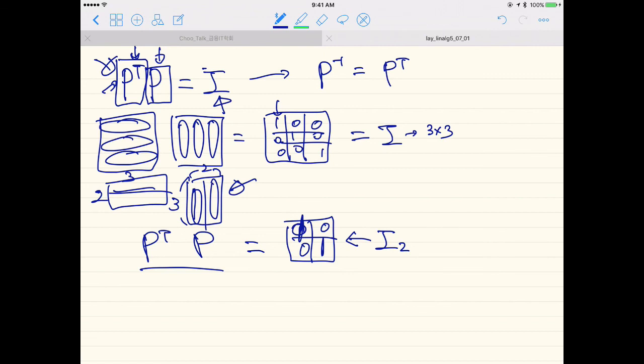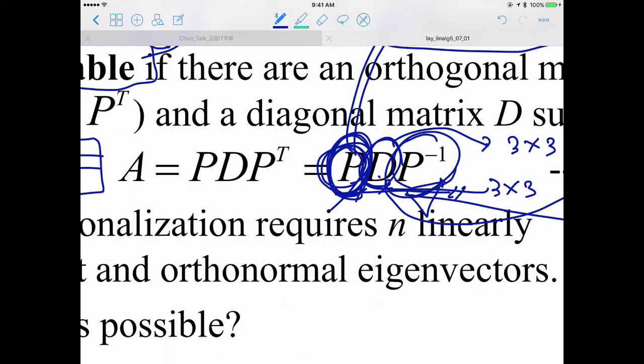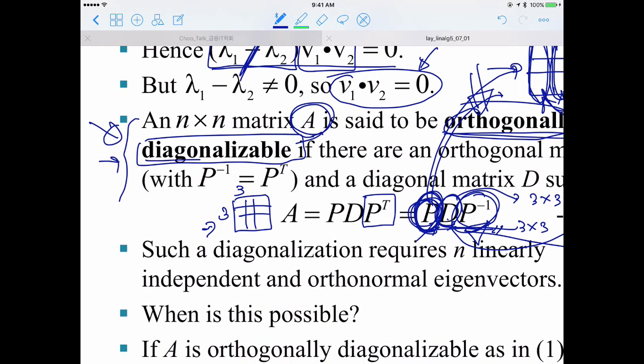Okay, so in the place of P inverse, we now have P transpose in case your matrix P is a square matrix and also has orthonormal columns. Okay, so that is the meaning of this orthogonally diagonalizable.